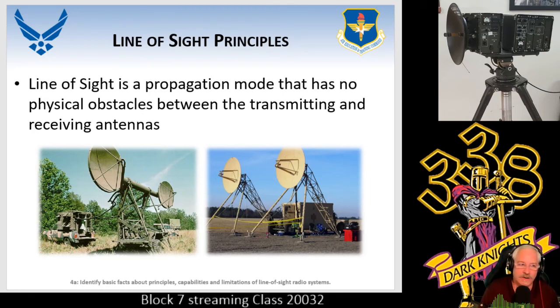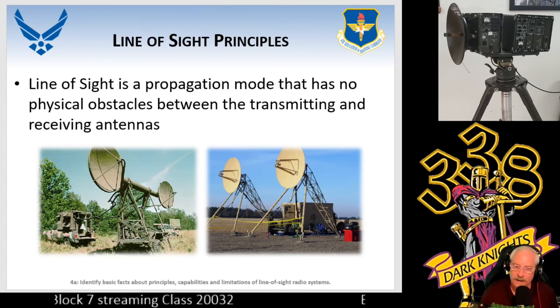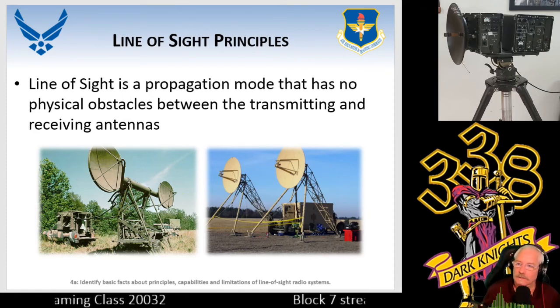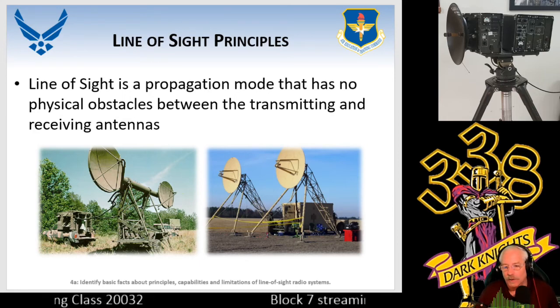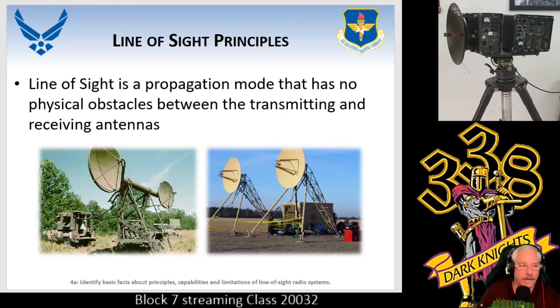You can get away with some obstacles in the way when we are looking at, let's say, a vertically polarized omnidirectional antenna, because of diffraction and multipathing, which is a bad thing when it comes to looking at line of sight. But when you deal with what's called a Yagi style antenna, anything that gets in the way of it, you're probably going to have no communication.